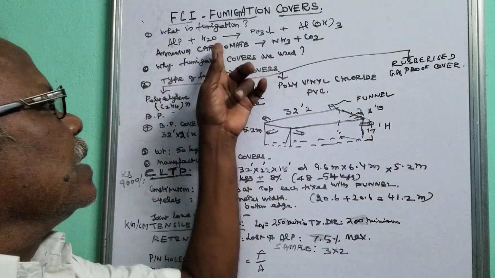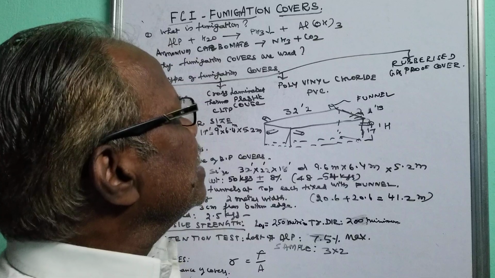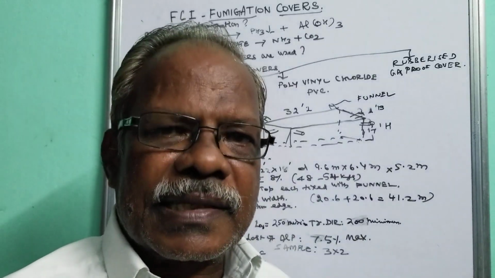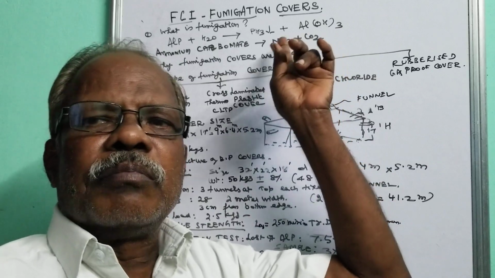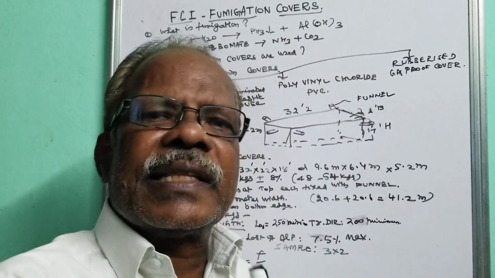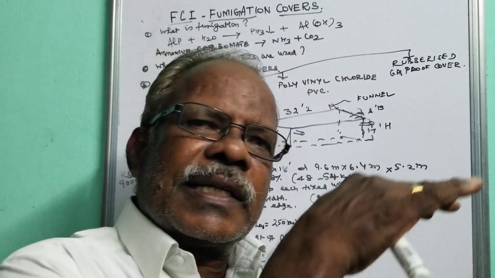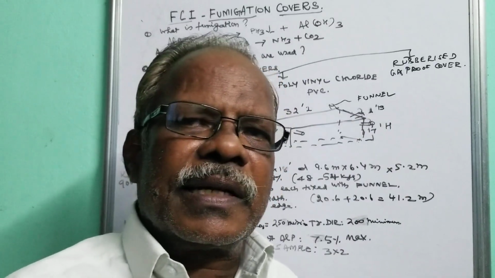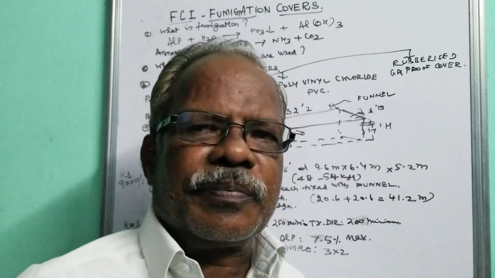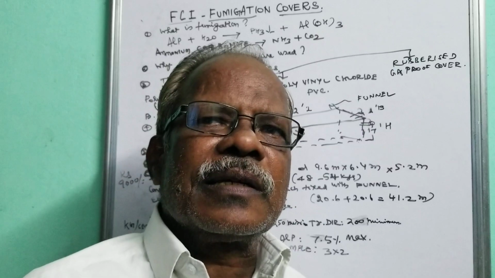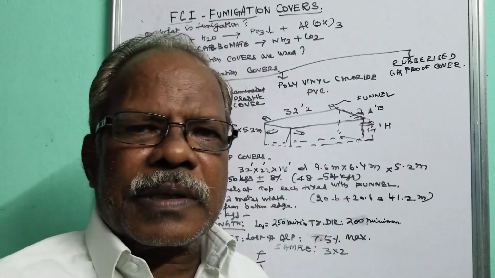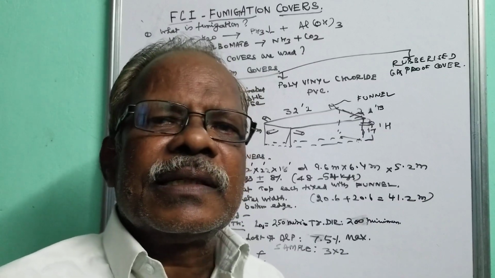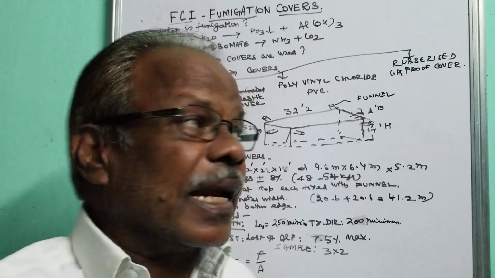So ALP plus H2O gives rise to phosphine gas plus aluminum hydroxide. Phosphine, PH3, is heavier than air, so it comes down from the top of the stack to the bottom. Its specific gravity is 1.2. So the phosphine gas comes down from the top of the stack.